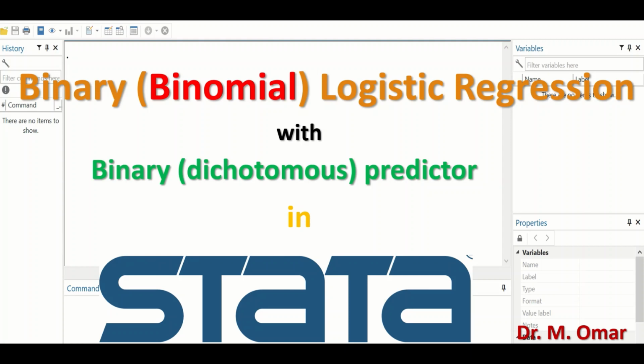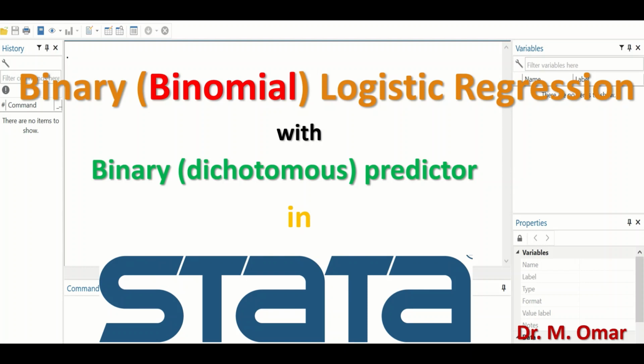The predictor can be a continuous variable, a binary predictor, a categorical predictor, or an ordinal predictor. So one of the conditions, or assumptions, to perform binary logistic regression is that the outcome has to have two levels in it, and the predictor can be any type of data.